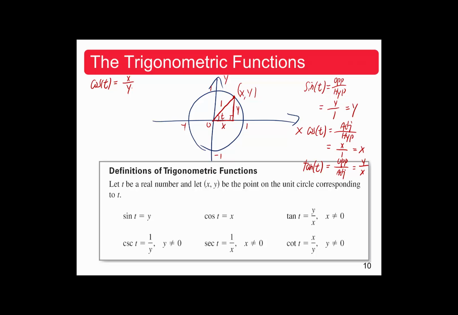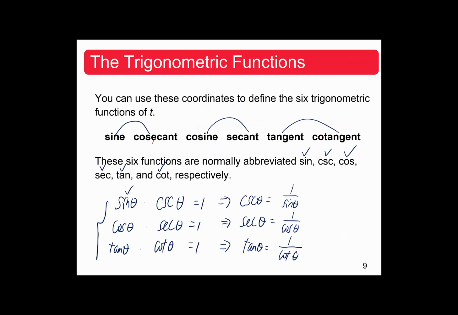And then also we look at cosecant first. Cosecant t is hypotenuse over opposite, so it's 1 over y. And secant t is hypotenuse over adjacent, so it's going to be 1 over x.